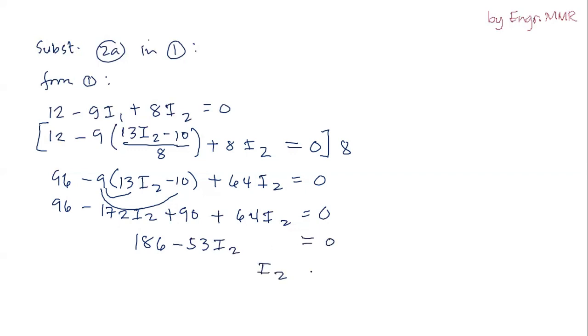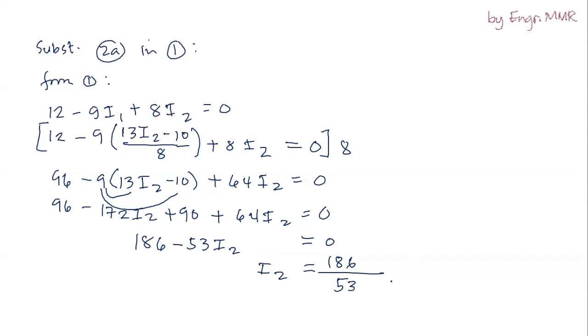So then I2 is equal to 186 divided by, so we transpose the negative 53 I2 to the right, so it becomes plus, so we divide by 53.